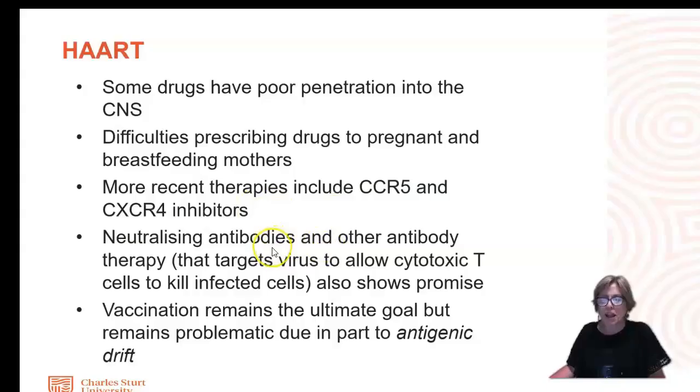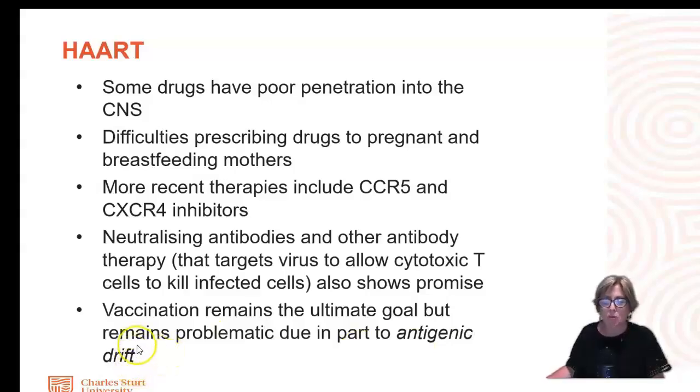Neutralizing antibodies and other antibody therapy that targets the virus to allow cytotoxic T cells to kill infected cells also shows promise. So vaccination does remain the ultimate goal with HIV infection, but it does remain problematic. And this is due to those constant point mutations that accumulate in the HIV genome, leading to antigenic drift.